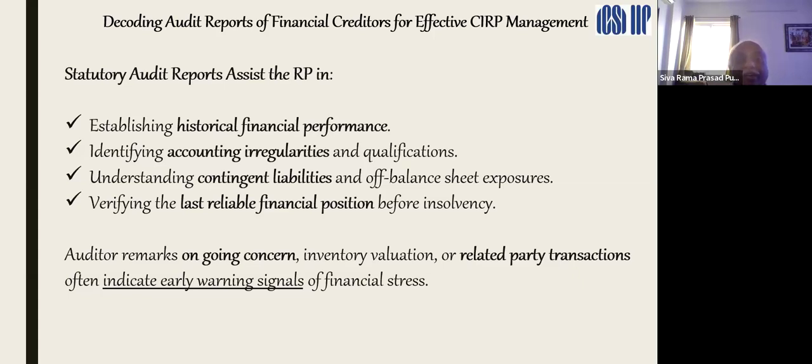Auditor remarks on going concern, inventory valuation, and related party transactions indicate early warning signals of the financial stress. If you verify the statutory audit report, definitely the auditors will also comment about the related party. They comment upon the inventory valuation, whether wrong or right, whether they are following the laid down instructions or not, and indicate the early warning signals of the financial stress. That also they will mention.